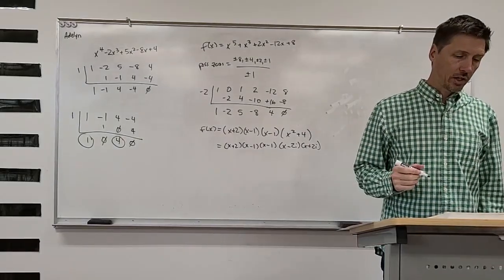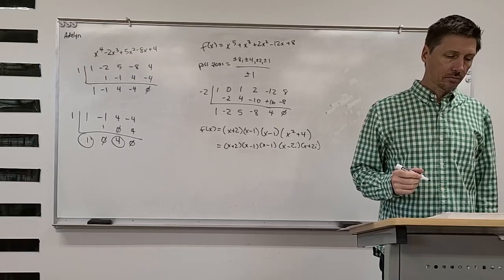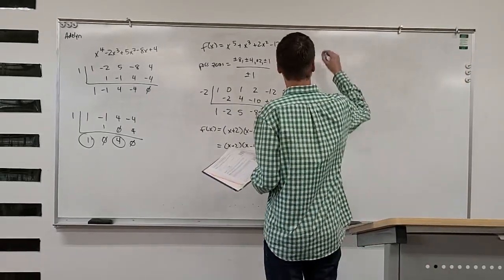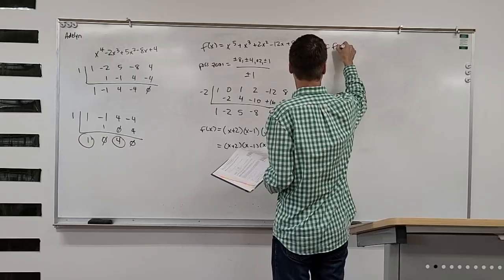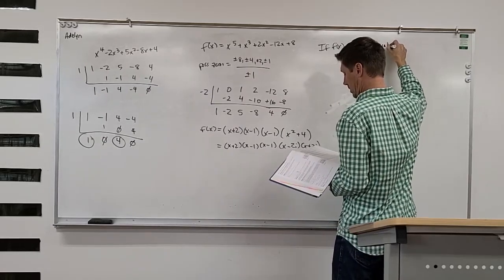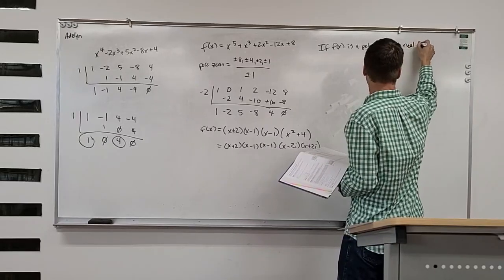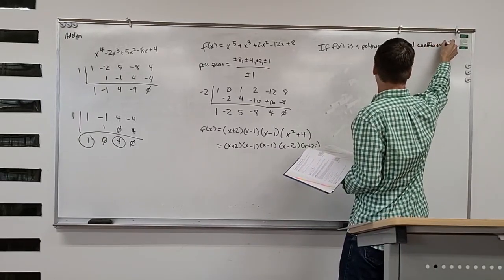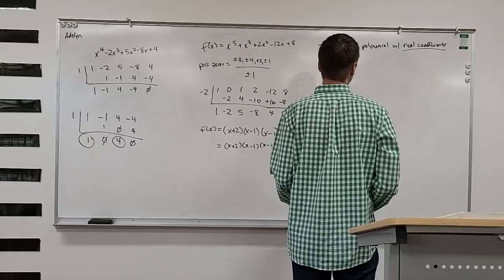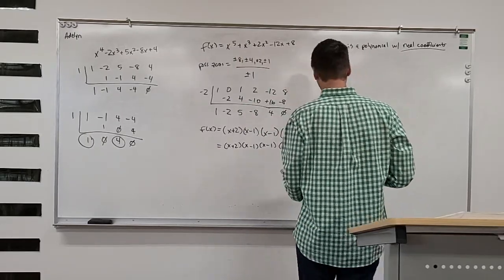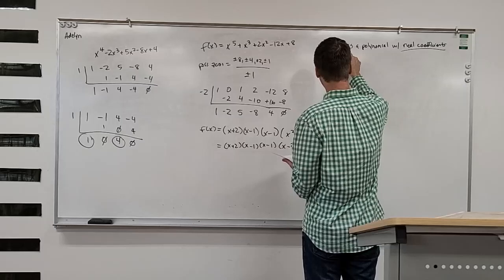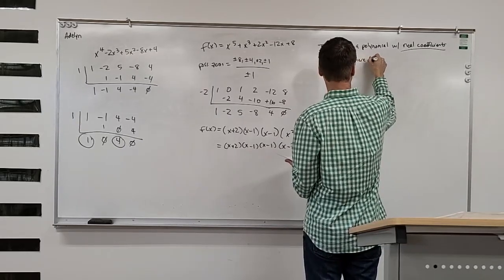So, just a note that if f of x is a polynomial with real coefficients, so no imaginary coefficients, they're all real numbers, only coefficients of our variables, and a plus bi, where b does not equal 0.